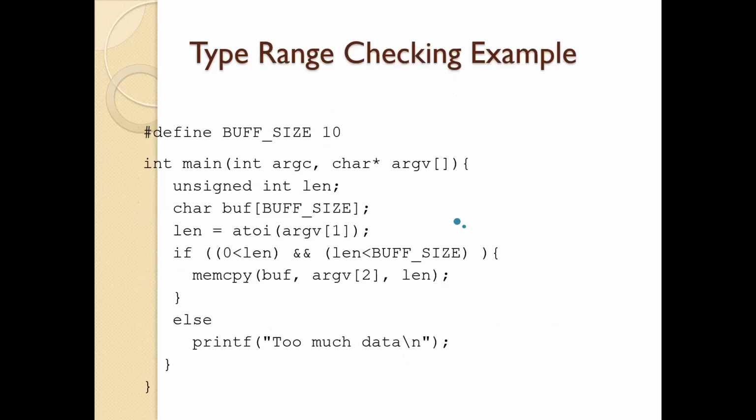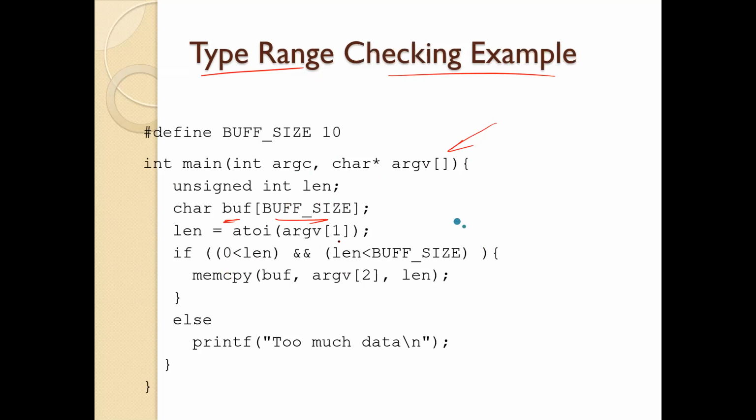All right, let's take a look at this other example here. So type range checking example. You can see that we have a program that takes something from the terminal. We have a buffer of size 10.